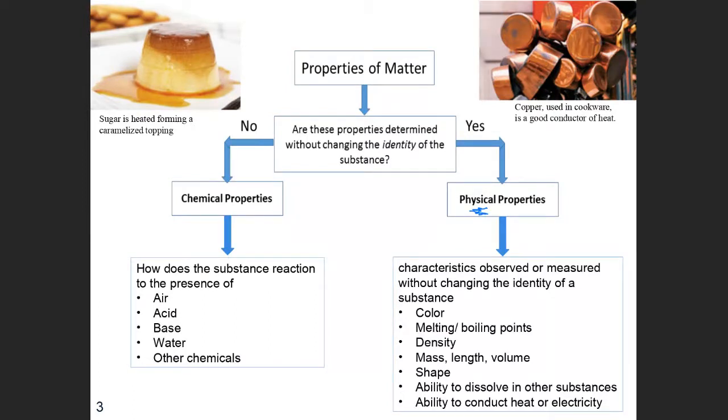The color, the melting point, the boiling point, the density, the mass of the matter, the length, the volume, shape, solubility, conductivity. All of these items are physical properties of the matter.